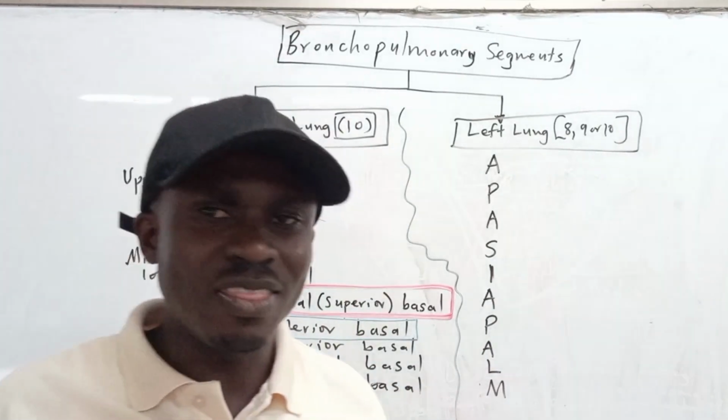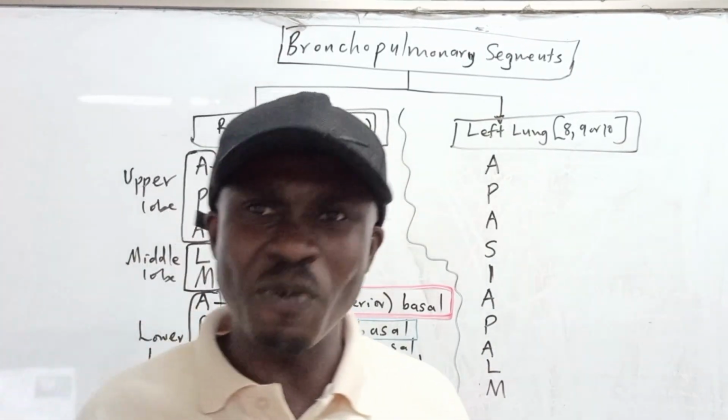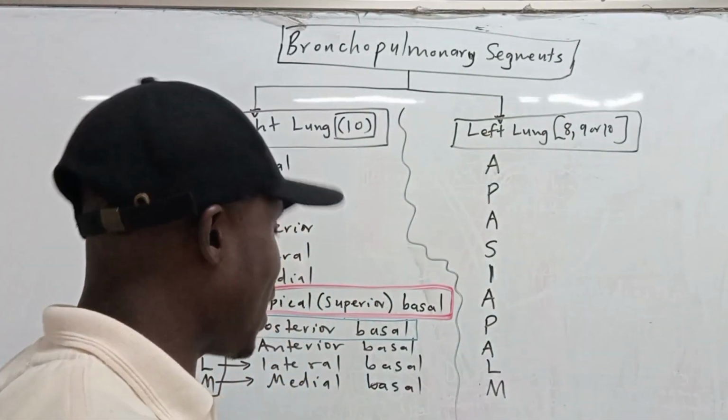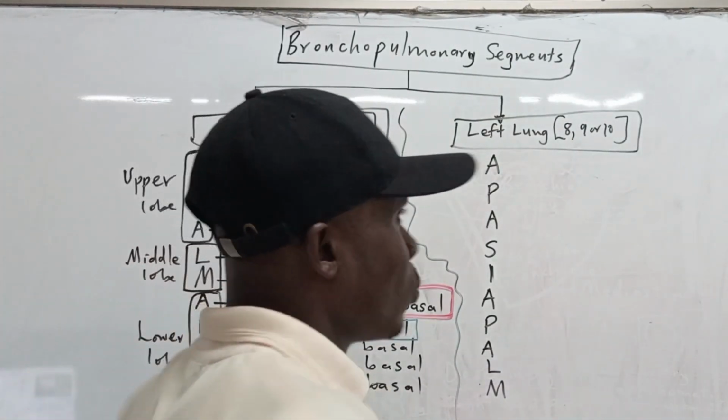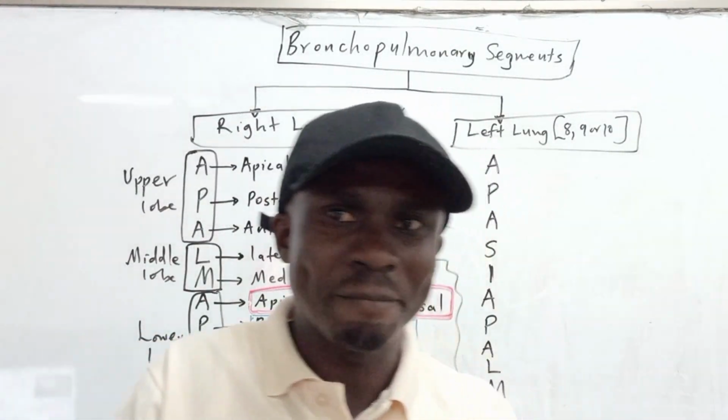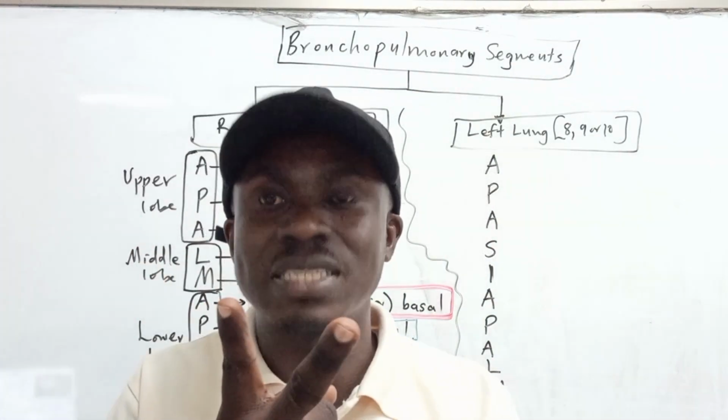Now these mnemonics are so you can play with them. It will make life easy for you as a student. APC. So now, how many lobes does the left lung have? You tell me there are 2 lobes. Yes, there are 2 lobes.